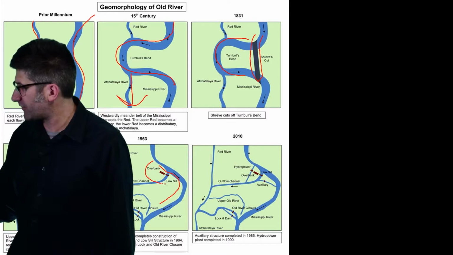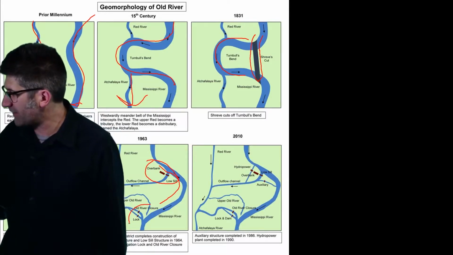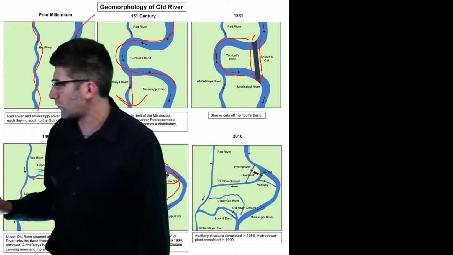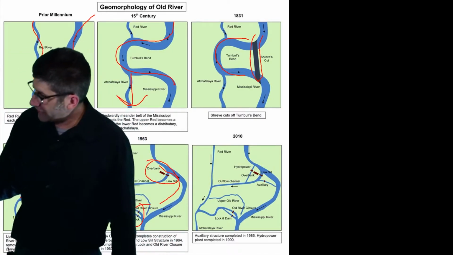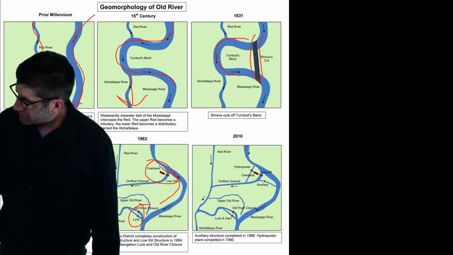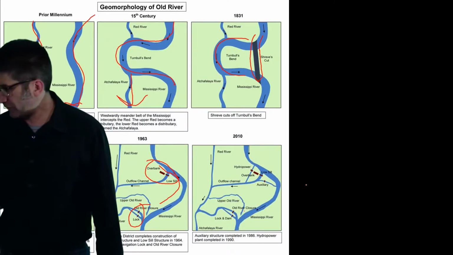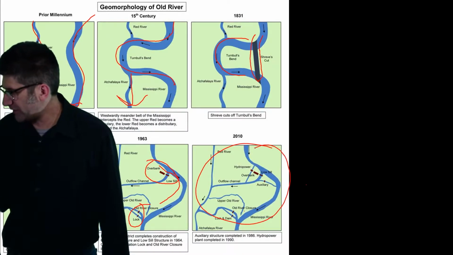And so those consist of these overbank structures at the Upper Old River, and then some navigation locks and closures on the Lower Old River. And so currently this is what the system looks like today between the Old River and the Atchafalaya River. This is kind of 2010 today.